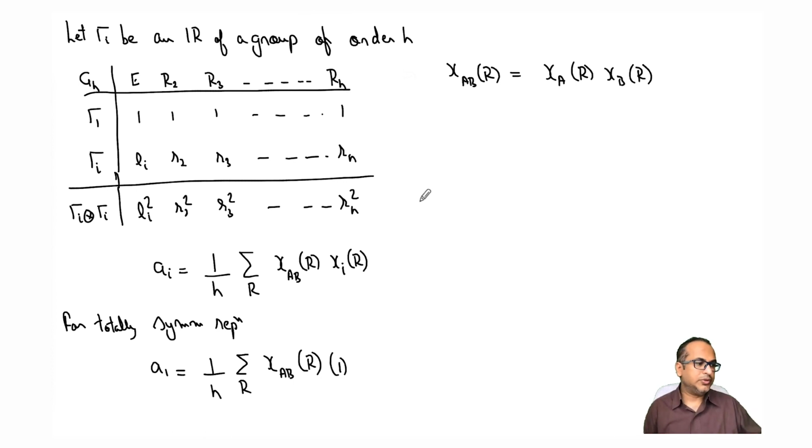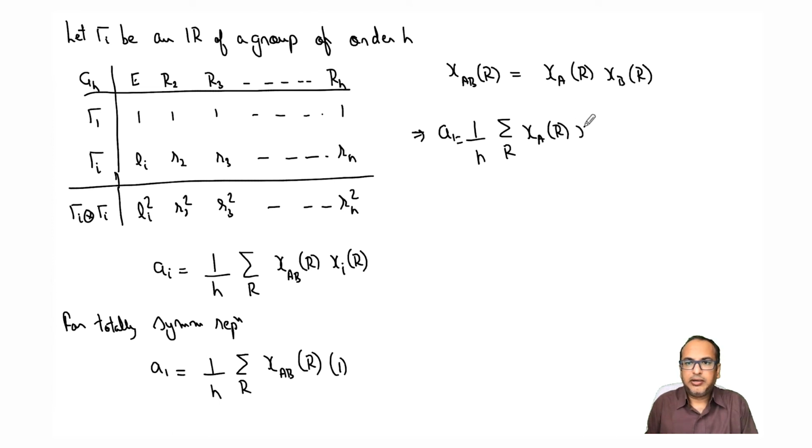So I can always use this equation here. So A1 is equal to 1 over h summation over all R chi A(R) chi B(R), where A and B are two irreducible representations, right? So that means from the great orthogonality theorem, I can say that this is 1 over h into h delta AB, right?